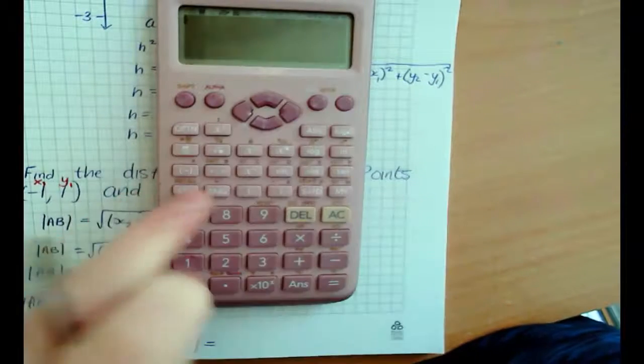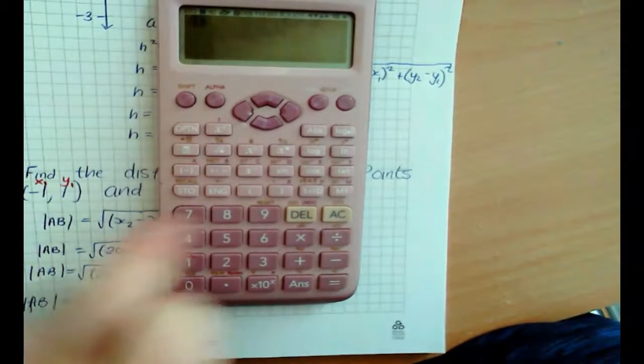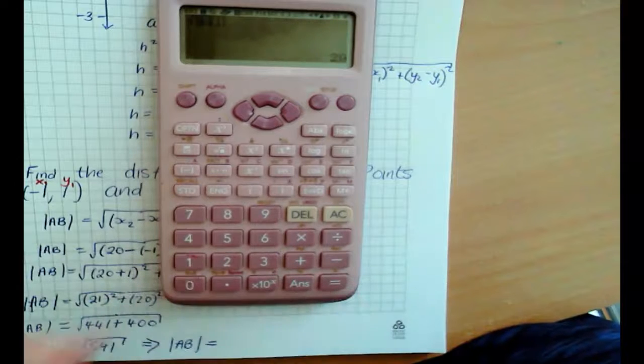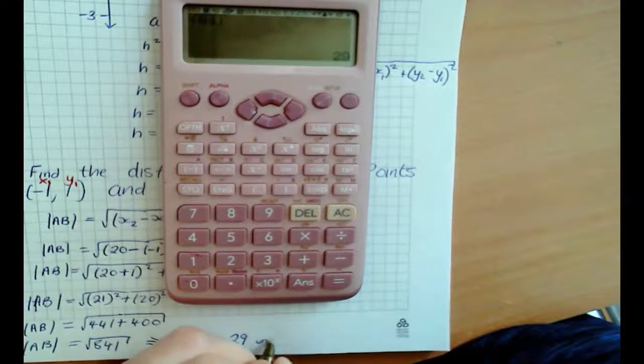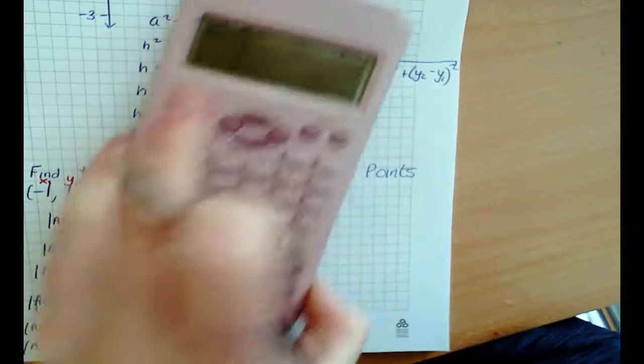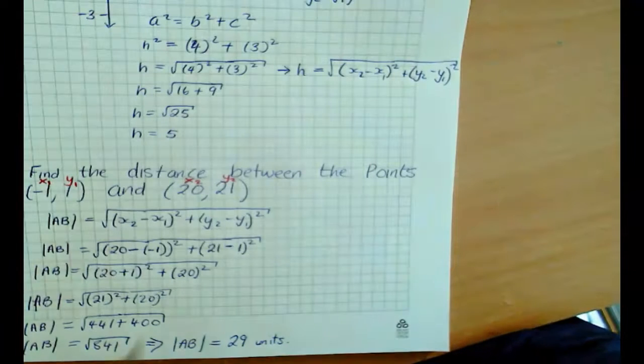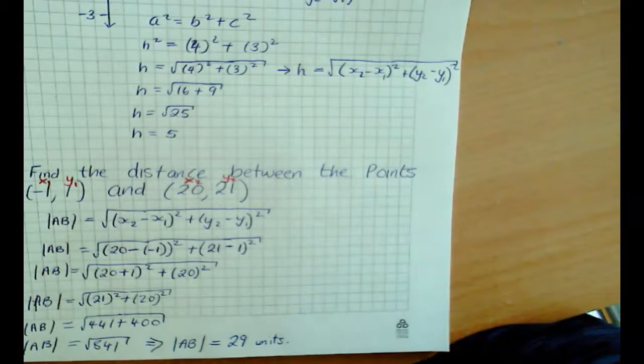So the square root of 841 equals 29 units. So the distance between the two points then is 29.